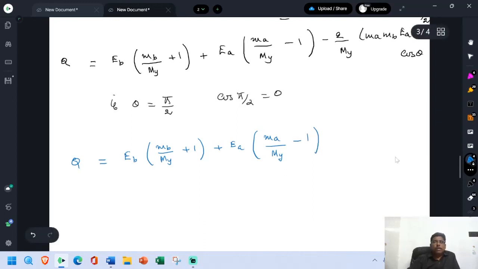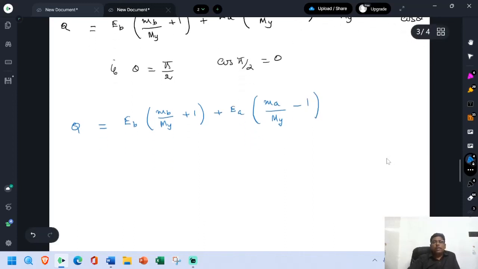So at this level we may write the Q value of the nuclear reaction. Here Eb is the kinetic energy of the outgoing particle, Ea is the kinetic energy of the incoming particle, Mb is the mass of the outgoing particle, and My is the mass of the daughter nucleus. If you substitute all these values, you can get the Q value of the nuclear reaction.